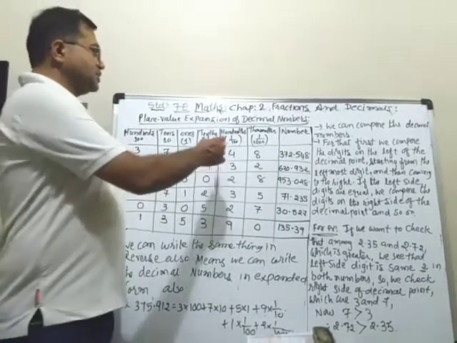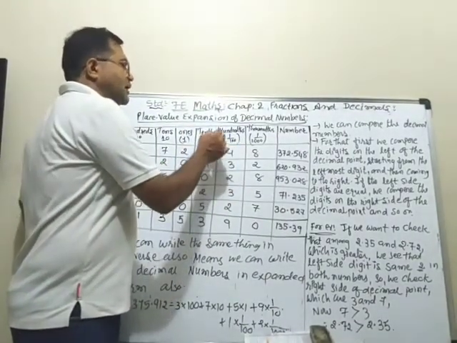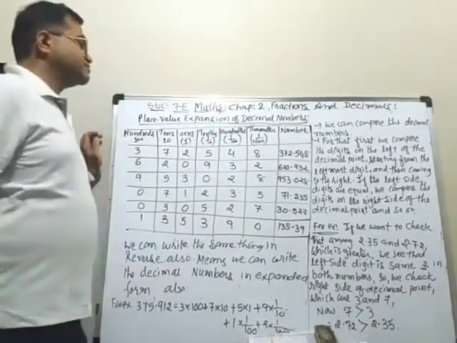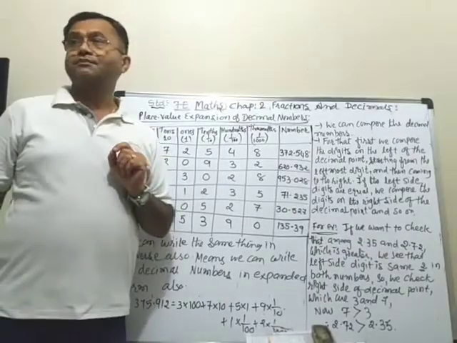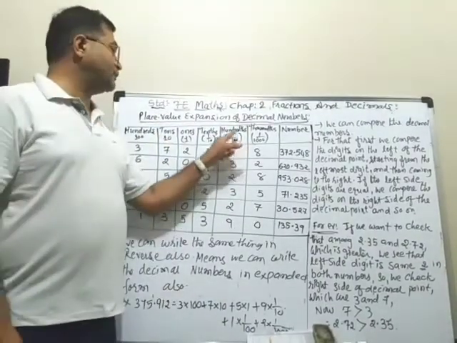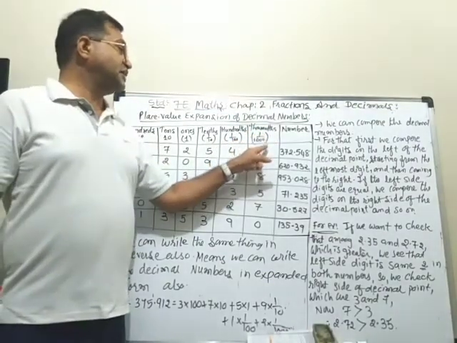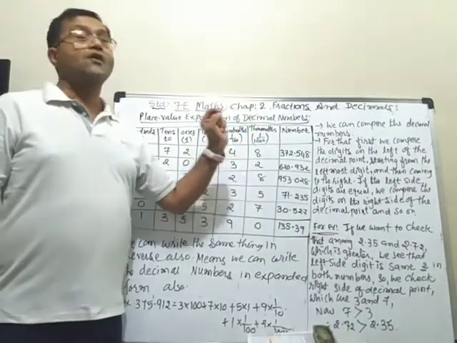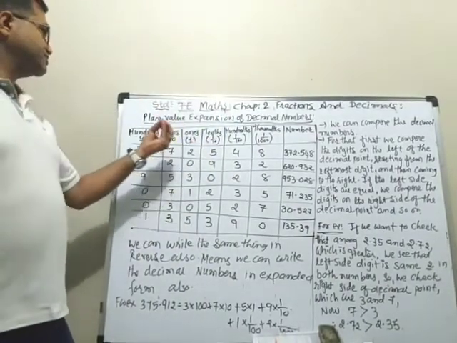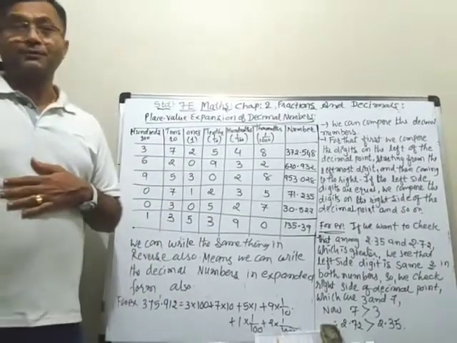So the next place after the ones place and the point is the tenths place, means 1 upon 10. Then hundredths place, that is 1 upon 100. Then thousandths place, that is 1 upon 1000. Now let's see how the numbers are formed using that decimal point.